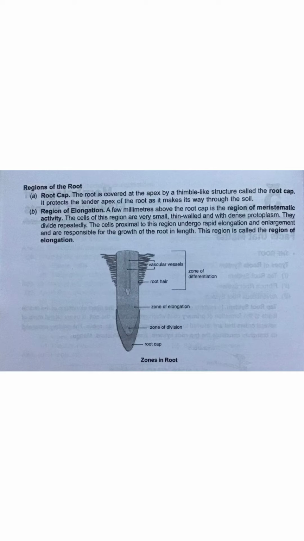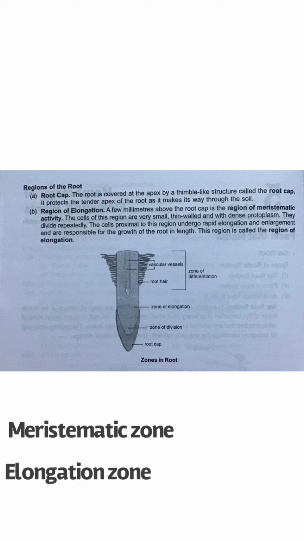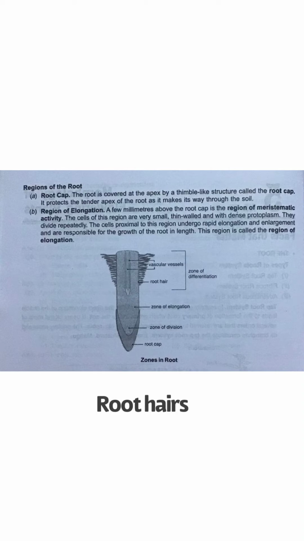The first region, starting from the bottom, is the root cap, followed by the meristematic zone, then the zone of elongation, and lastly the zone of maturation. From this region the root hairs develop, which help in absorption of water and minerals, which is the main function of root.